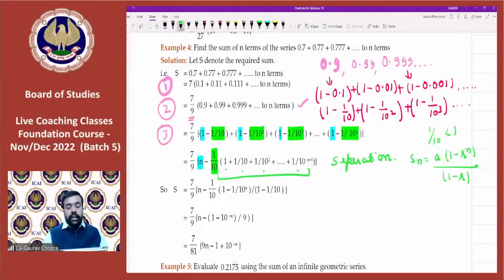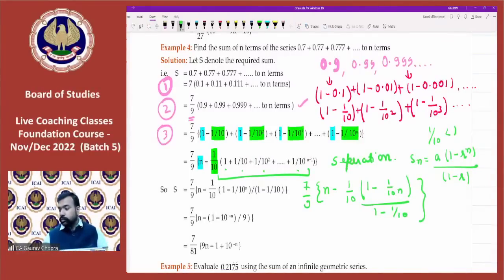So we have to apply this formula. So let us apply. So 7 by 9 is already outside. N is already there. Then what is a? The first term was 1 by 10. Then bracket 1 minus r. R is also 1 by 10, so 1 by 10 to the power of n, divided by 1 minus r. So 1 minus 1 by 10.